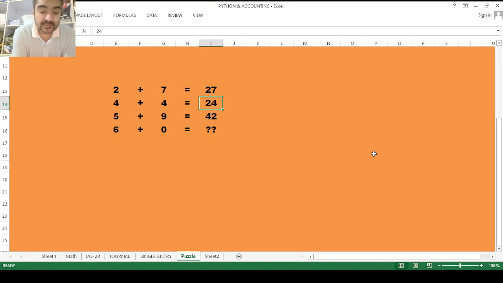So it's not pure mathematics, it's actually a puzzle. Some people call it IQ testing. So you need to identify the pattern.